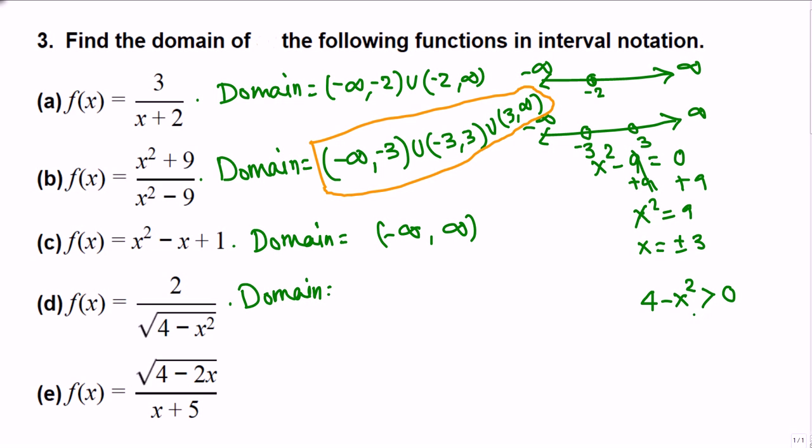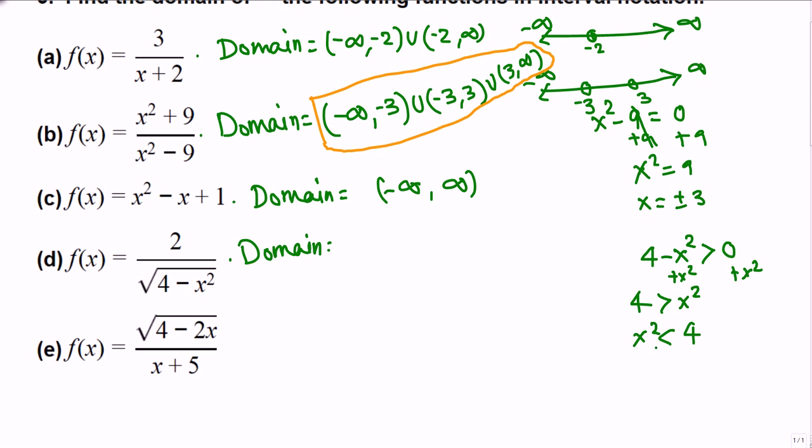Let's solve for x. I want to move negative x squared to the other side, so add x squared to both sides. So 4 is bigger than x squared. Let's write x squared on the left side: x squared less than 4.